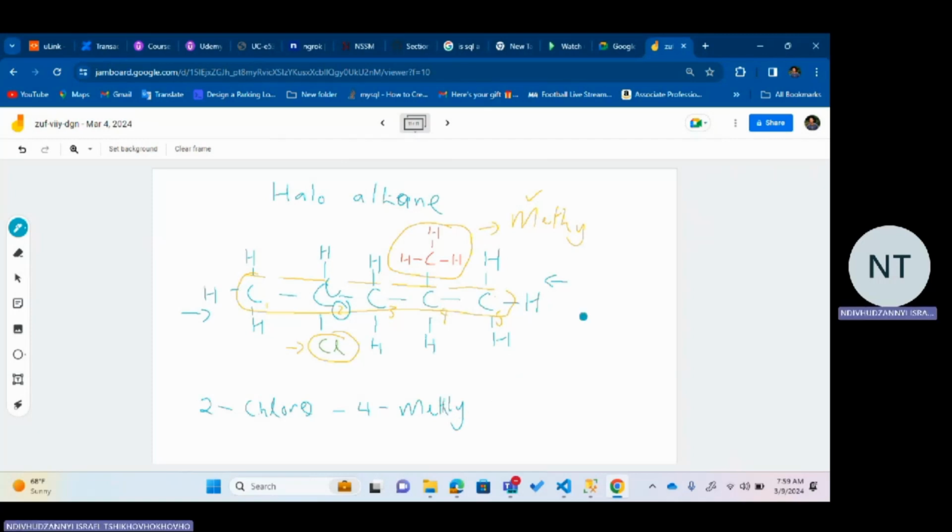Then we can name the longest chain. How many carbons do you have? 5. That's our prefix. So it's pent. And we know that we are dealing with an alkane. Then its suffix is ane. I hope it does make sense, right? Then for now, I think we'll stop here and see if it does make sense when you try and do exercises for alkanes.